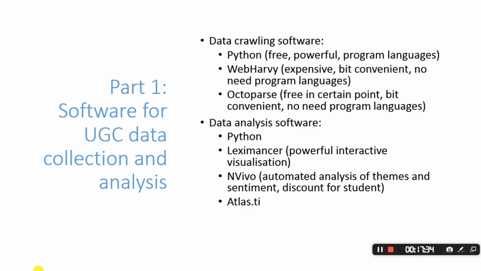And this software could help you to quickly and automatically analyze the themes from the data, and it also provides a sentiment analysis function. This function cannot be found in ATLAS.ti, therefore I didn't use ATLAS.ti.